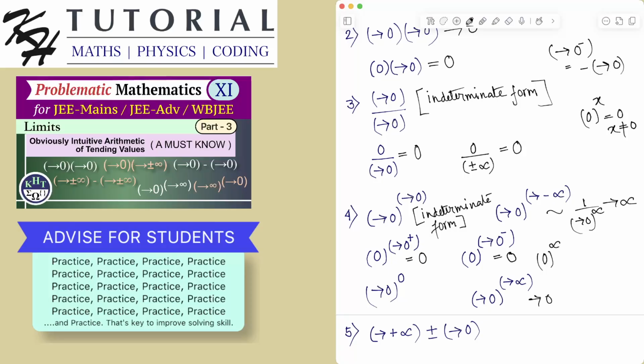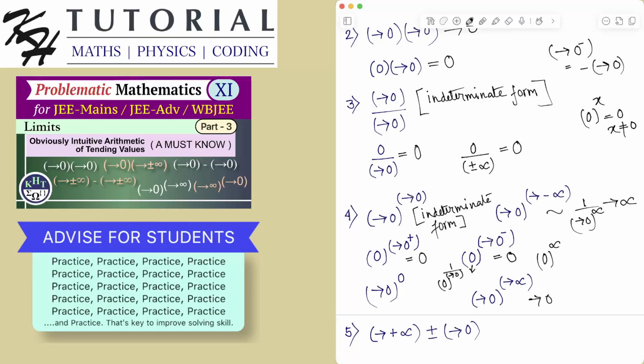So 0 raised to the power negative of tending to 0 will be 1 by 0 raised to the power tending to 0, and 0 raised to the power tending to 0 is exactly 0.